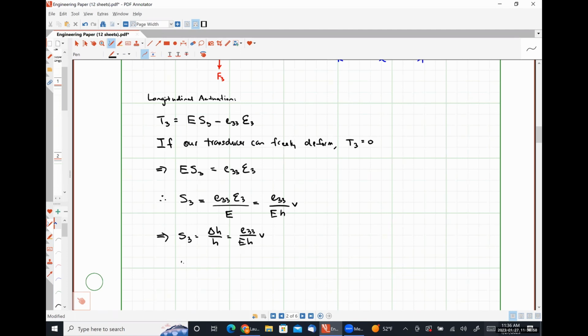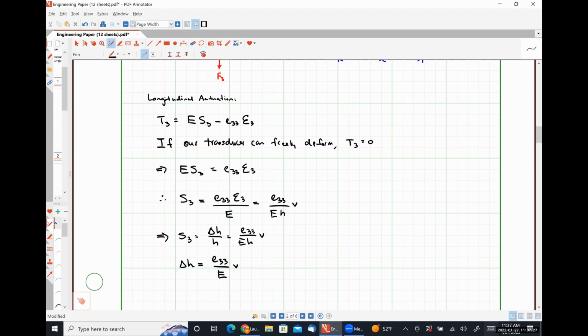And from here, we can see that our induced displacement, which is just the change in H, is simply our piezoelectric coefficient divided by our Young's modulus times our applied voltage. Now, this is a very interesting result. It does make some assumptions here, the biggest one being that the stress is a constant.